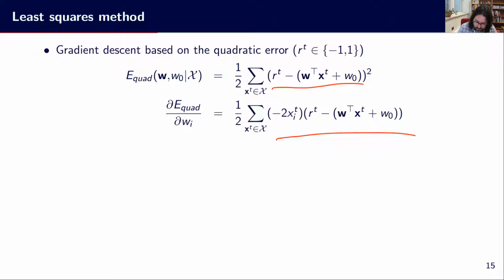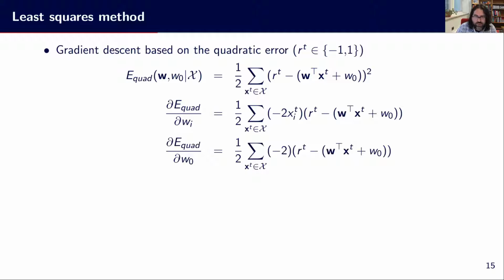Simply: something squared gives -2 times it, because we care about the factor w_i and not the other x's, and we keep the element which is part of r^t minus h(x^t). For the development, I think that's relatively basic calculus that you can do on your own to prove to yourself. So this is for w_i, and for w_0 it's similar, except that we only have -2, not -2 x_i^t, as we are dealing with the constant w_0 here.